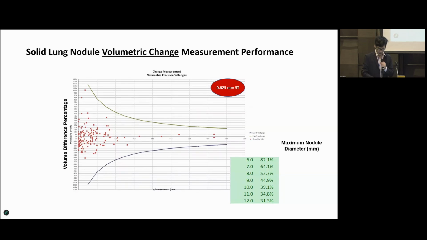These numbers are the QIBA small lung nodule profile numbers converted into diameter. But basically, it's saying that at 6 millimeters, you still have really large changes in volume.